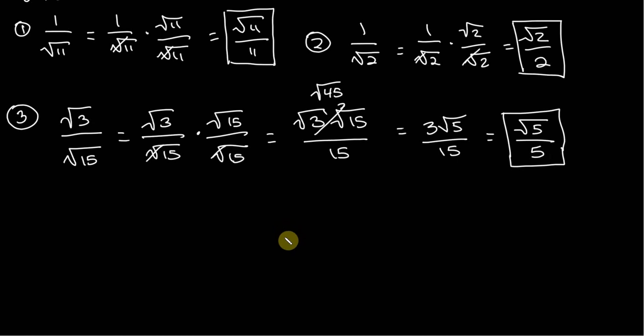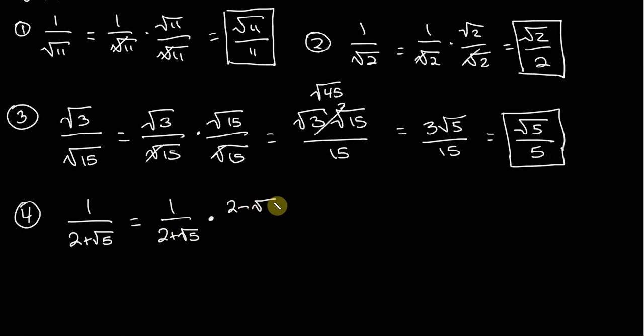Let's do something again that's a little bit different. Say we have 1 over 2 plus root 5. Well, we know already that we're going to want to multiply this by 2 minus root 5 over 2 minus root 5.